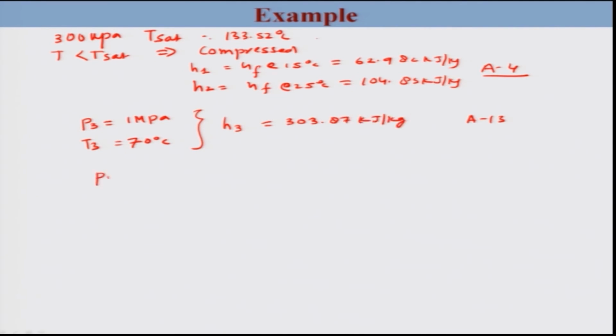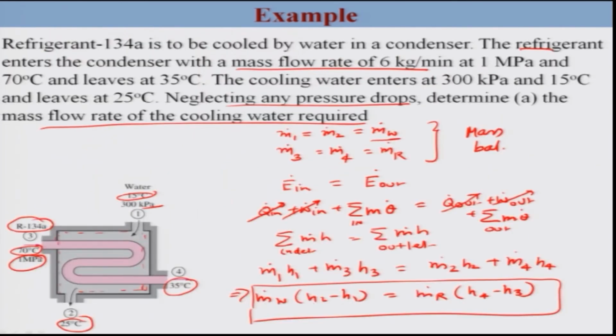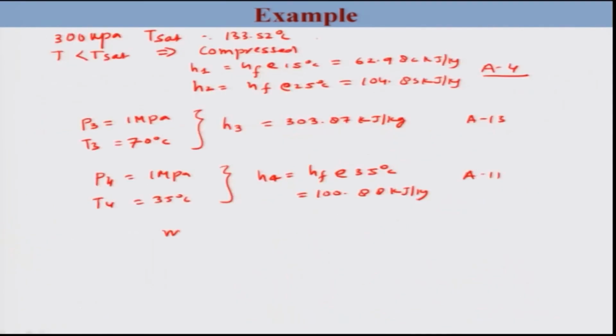Similarly you can find P4, and this will be your compressed liquid case for the refrigerant, and this is your H4. Now you plug in these values in this equation, and you will obtain MW.